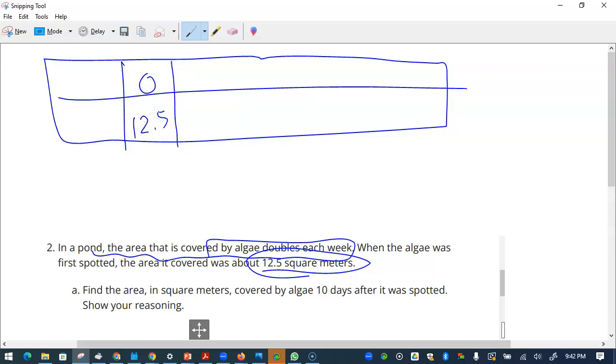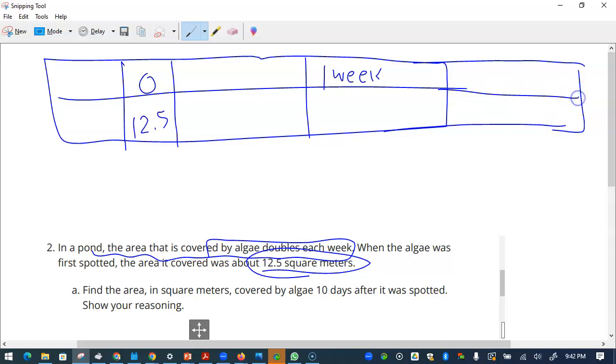Then I'll put 1 week, and then 2 weeks. The question asks to find the area in square meters covered in 10 days.